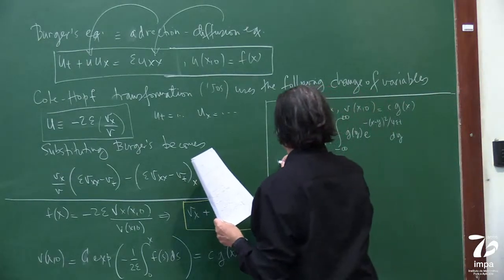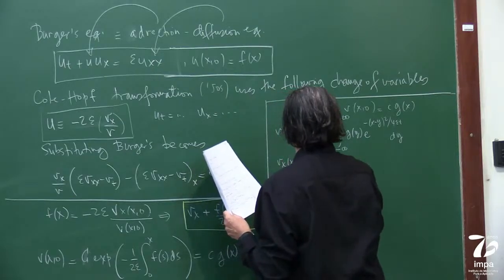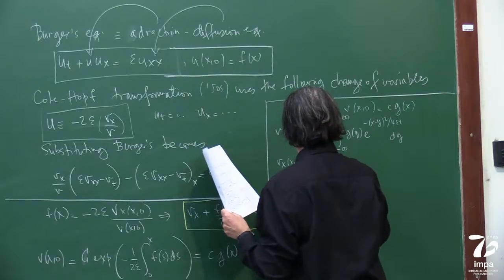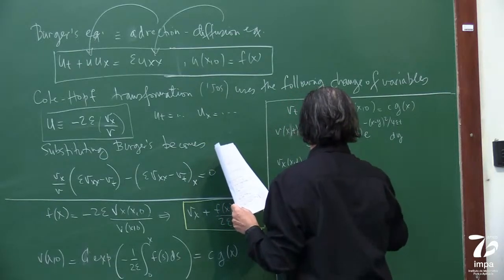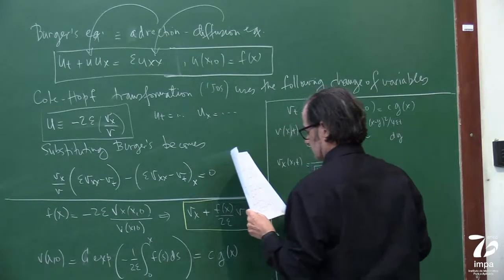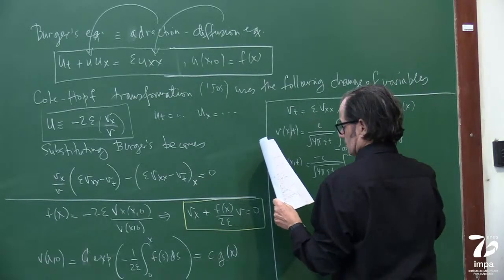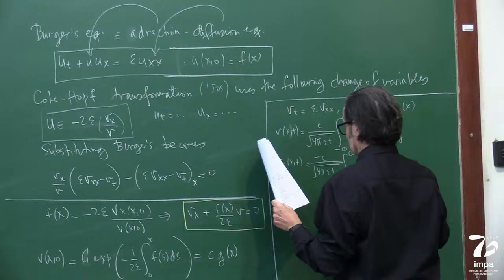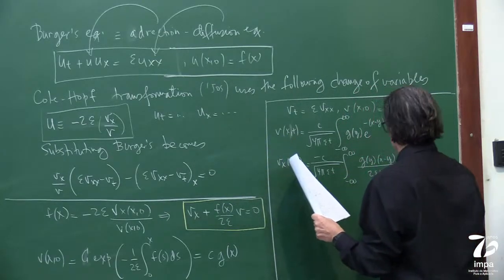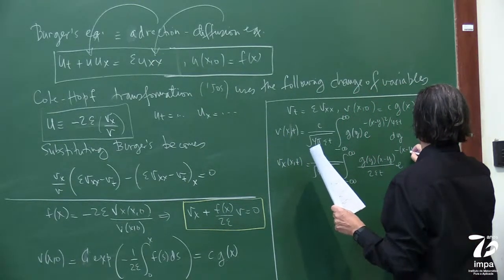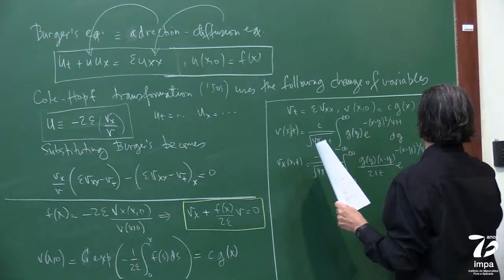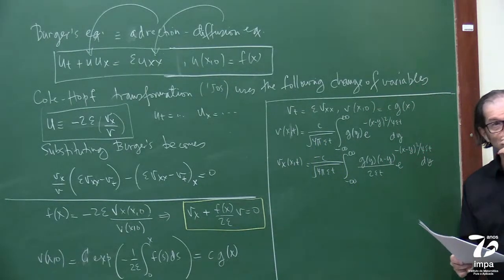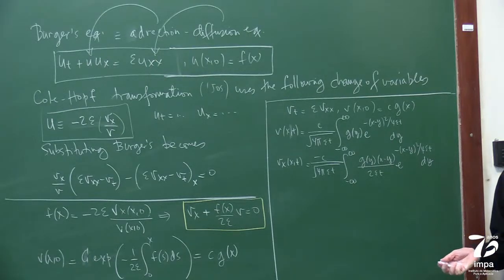V of x, if you can formally differentiate this guy, okay, we have this. Very simple.